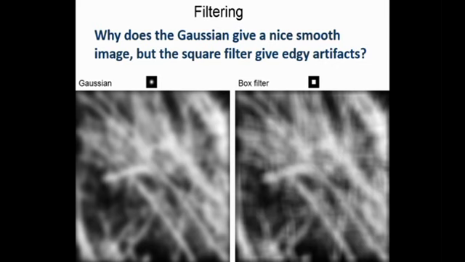Okay, so now we can answer this question easily. Why does the Gaussian give a nice smooth image while the square filter has these edgy artifacts?